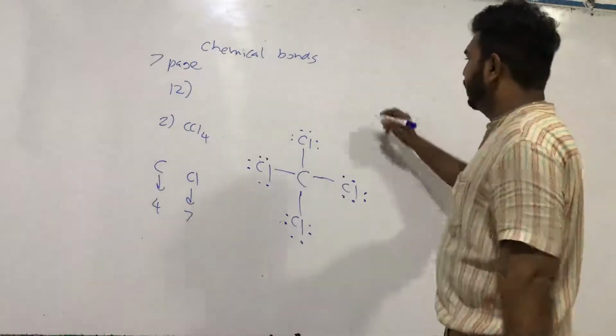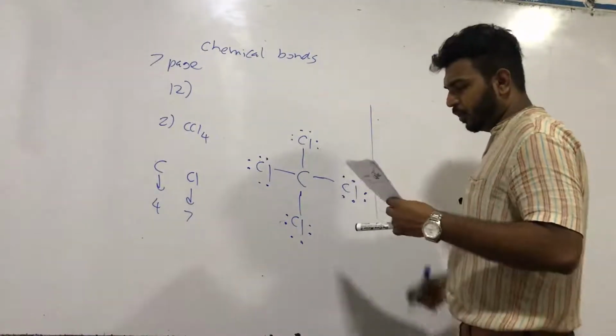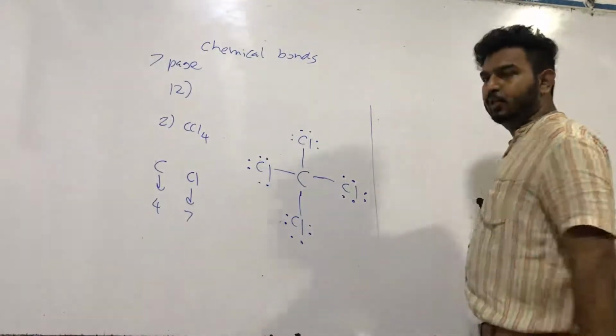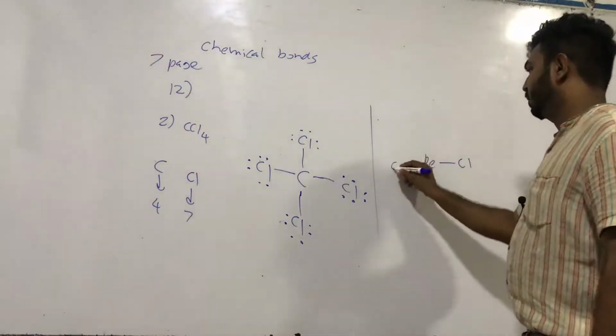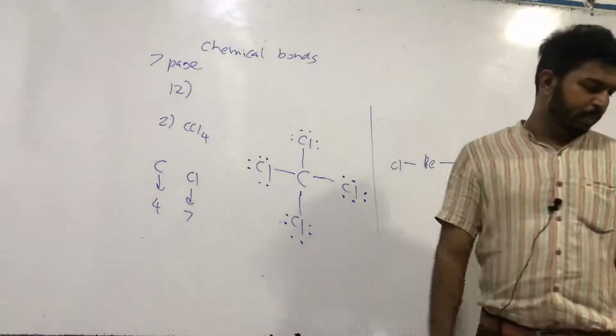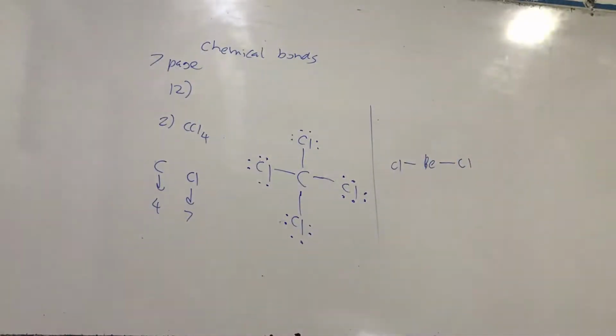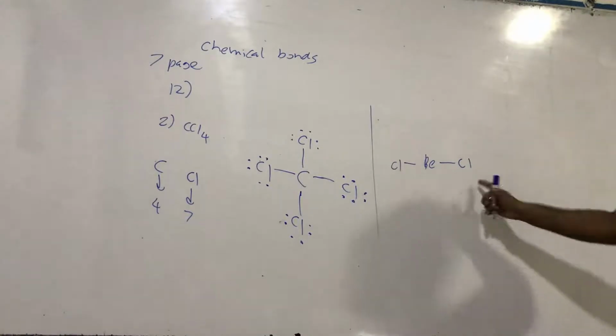Okay, then let's try to draw BeCl2. Beryllium is the middle atom. So beryllium is in the second group. That means beryllium has 2 electrons. These 2 electrons are shared with chlorine.